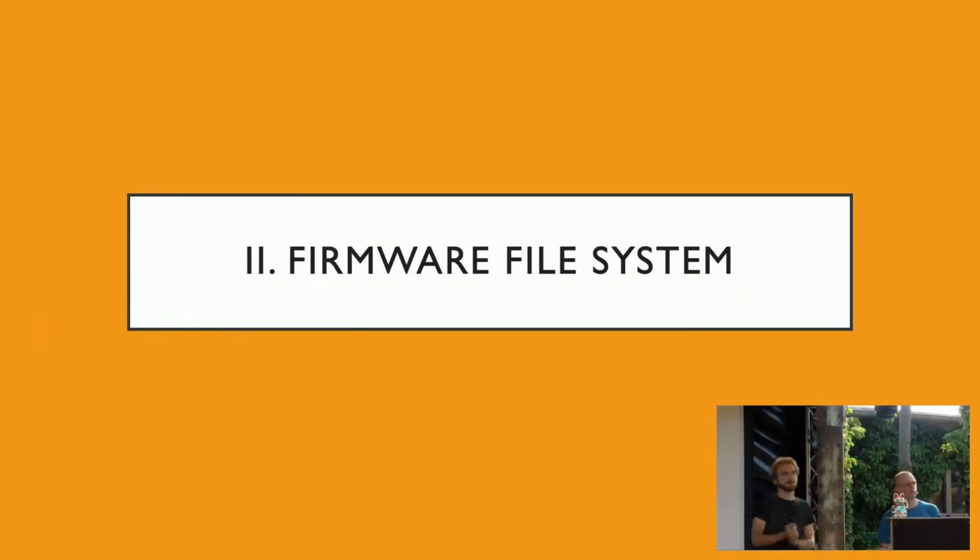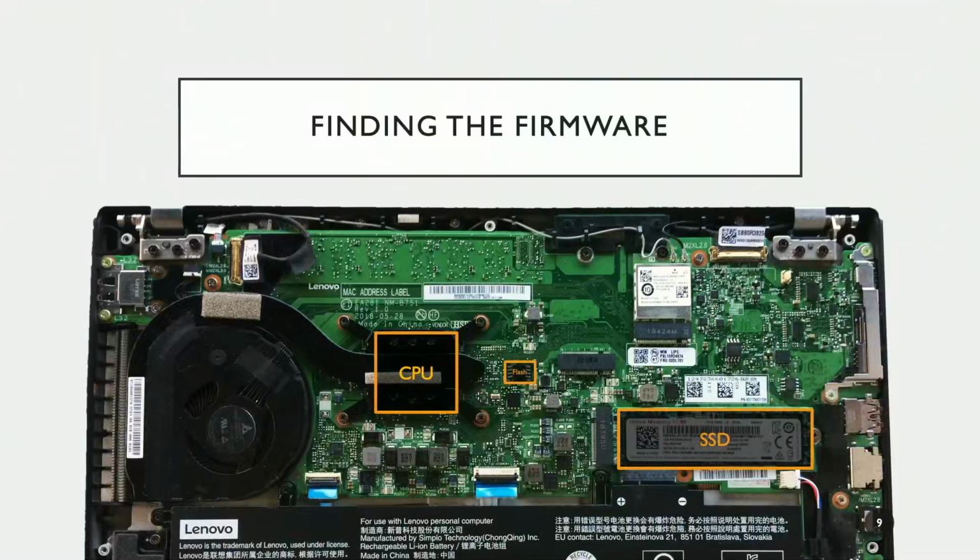First of all, we need to talk about the firmware and where the firmware actually is, because in the beginning of this research, we didn't know where it is. What you see here is a Lenovo ThinkPad A285 from the bottom. You can coarsely spot a CPU under a heat sink. You can spot an SSD.